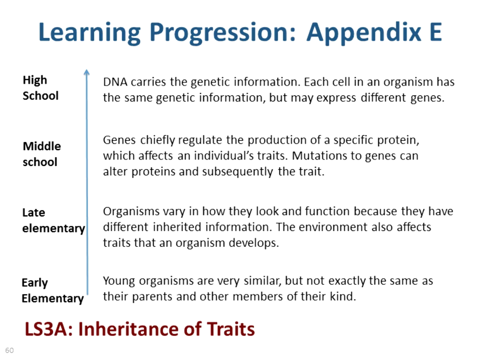So if you look at inheritance of traits, in the early grades, the focus is really on observations and noticing that organisms, offspring, are similar to their parents, and the idea that there's some sort of inherited information that is driving these traits. Late elementary, which is third grade to fifth grade, is also bringing in the idea of the environment as playing a role.